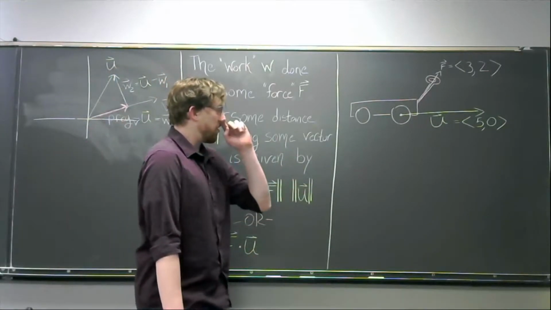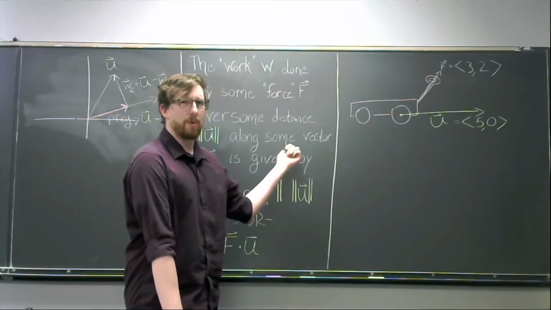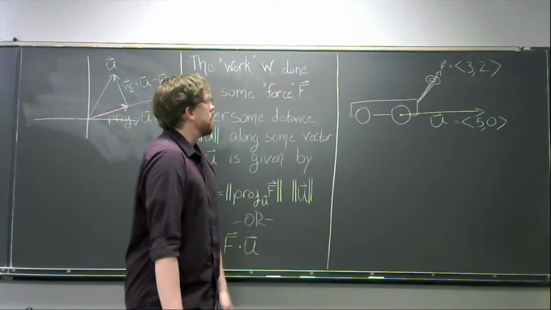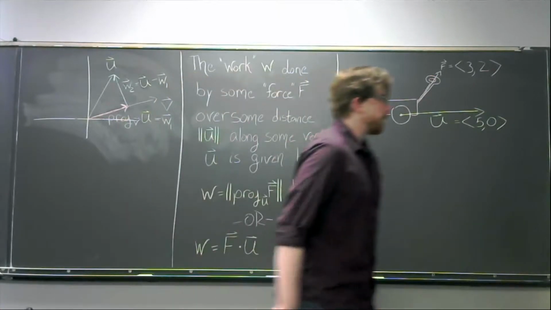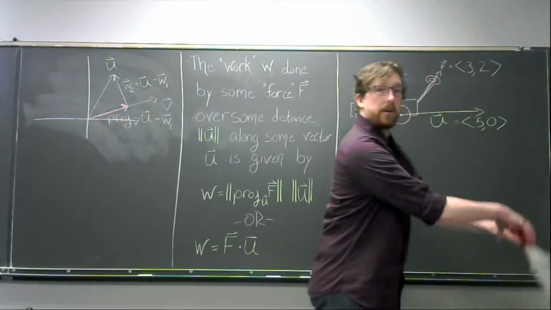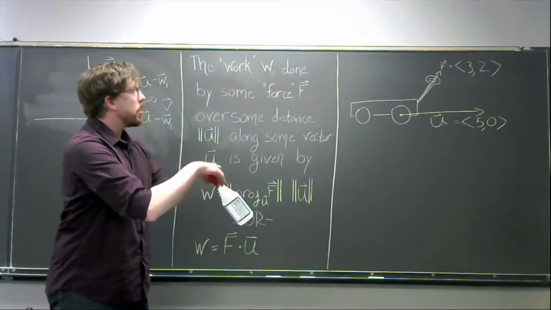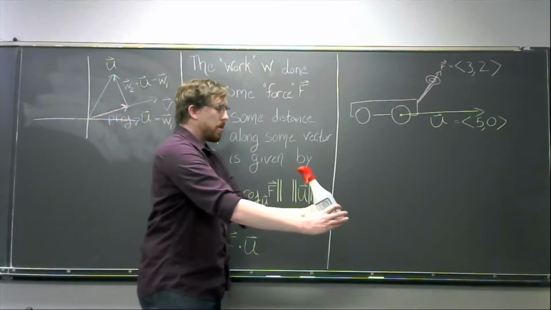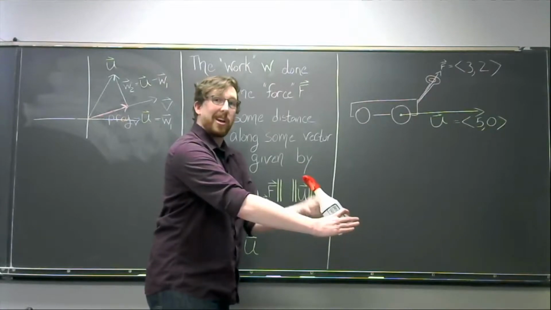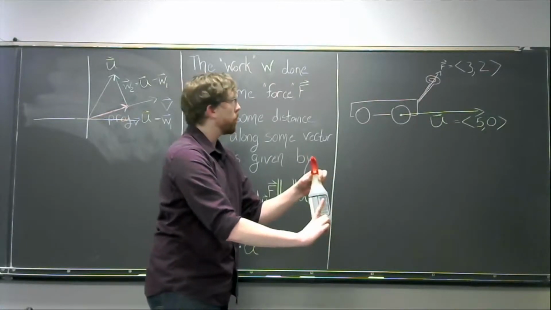Okay, so as an example, let's consider this. What we've got in this picture is a little red wagon cart being pulled. Now notice when you're pulling that little red wagon cart, the direction of the force that's being applied to it is in the direction of the handle, right?